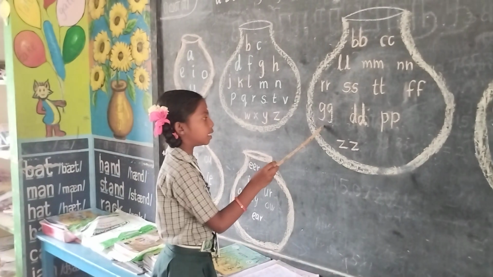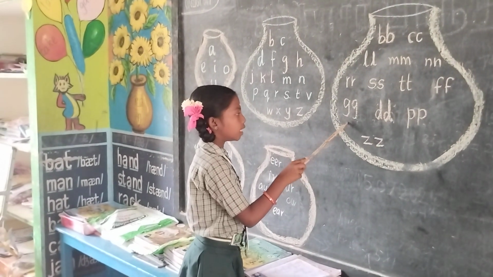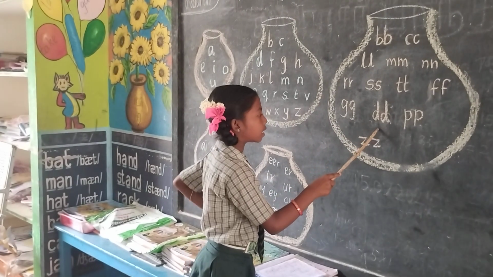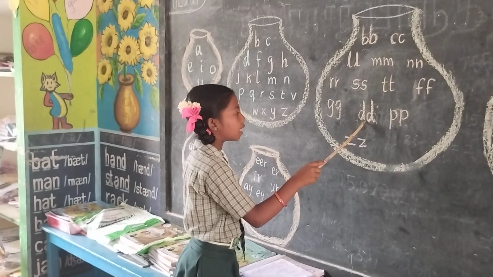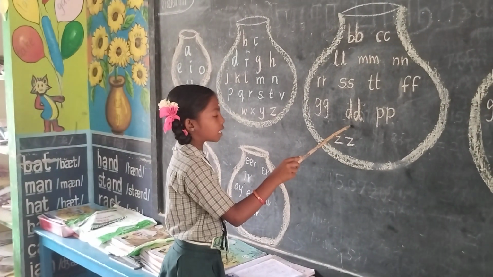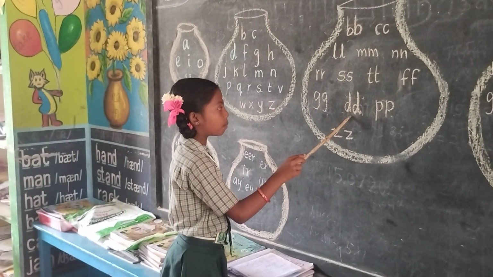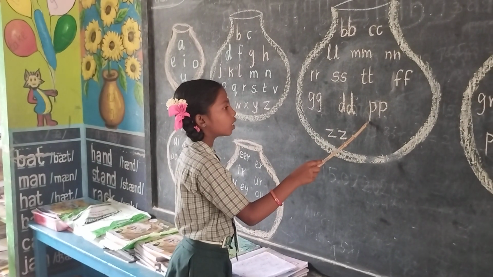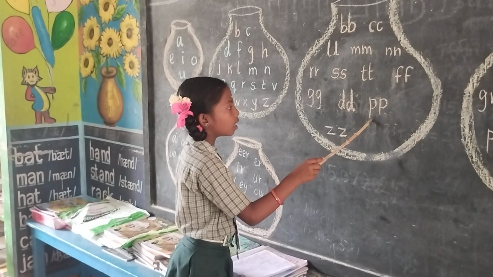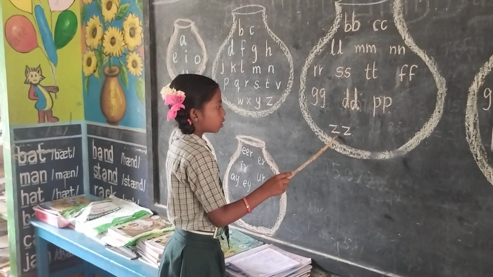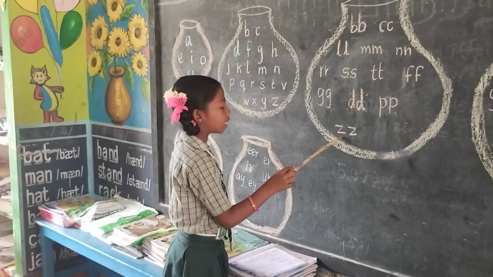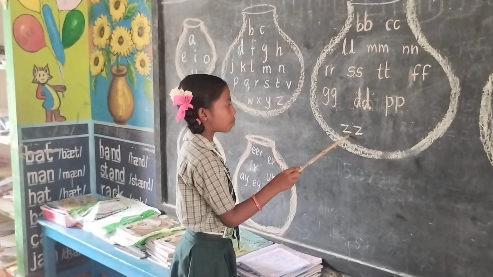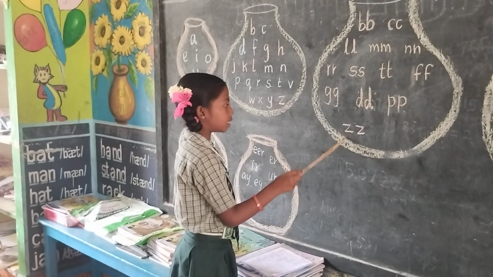Double G as a single sound, for example, egg. Double D as a single sound, for example, wedding. Double P as a single sound, for example, puppy. Double Z as a single sound, for example, Brazil. Good.